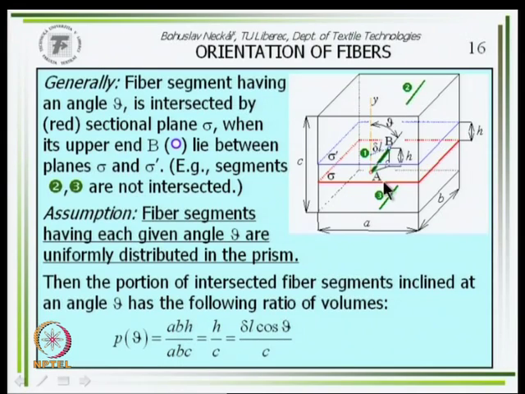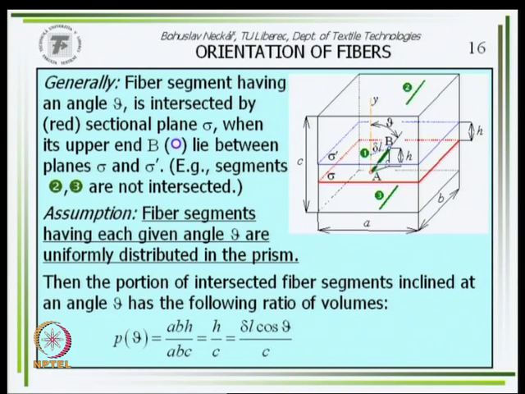Well, let's imagine a plane parallel to our red sectional plane sigma. This blue plane is lying at the distance h from the sectional plane, so that the point B of our fiber segment number 1 is lying on our blue plane sigma dash.